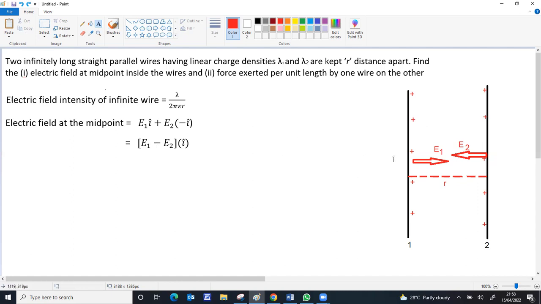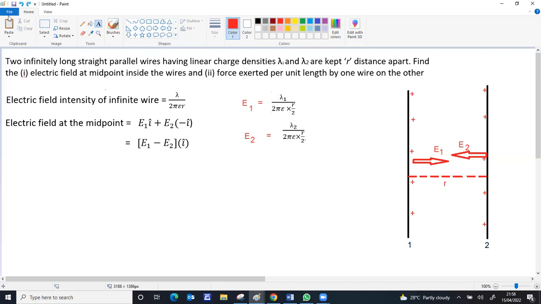When you find E1, at the half distance r by 2, it will be lambda 1 by 2 pi epsilon r by 2. In the same way, E2 will be lambda 2 by 2 pi epsilon r by 2. This is only the magnitude; the directions are opposite, so this is subtraction.